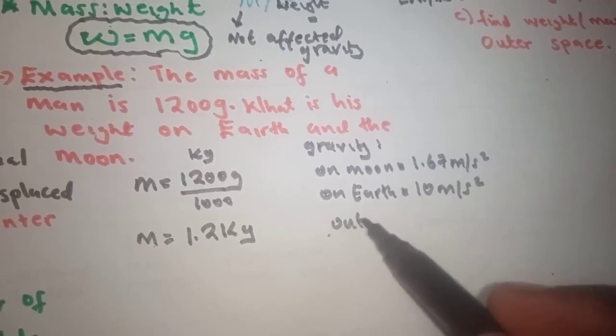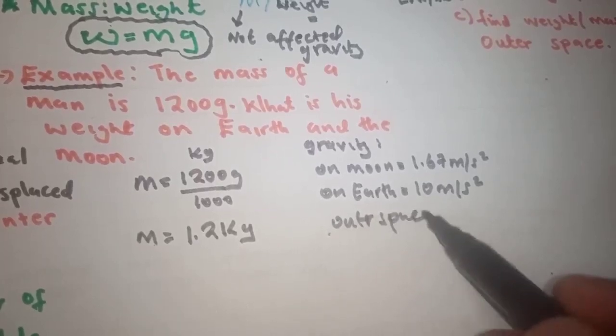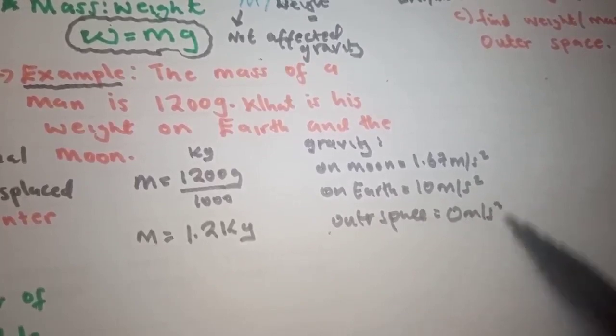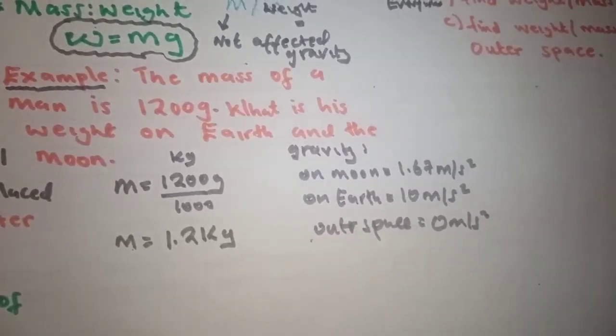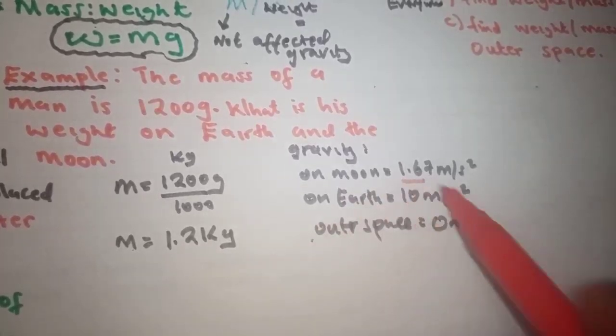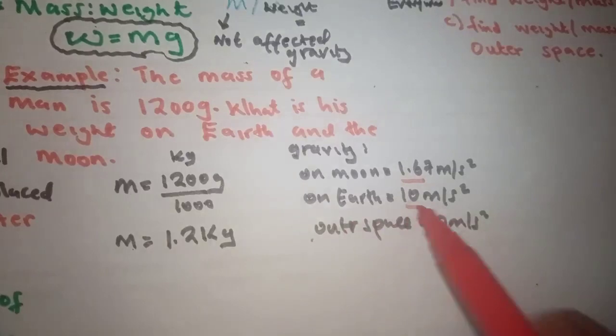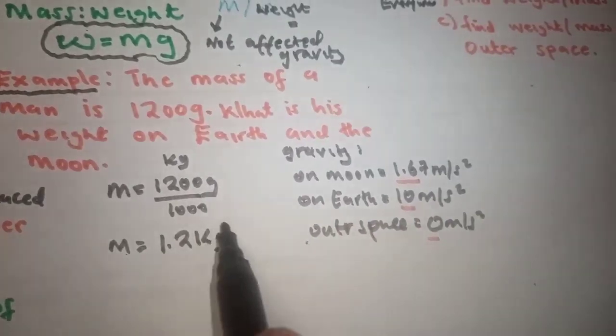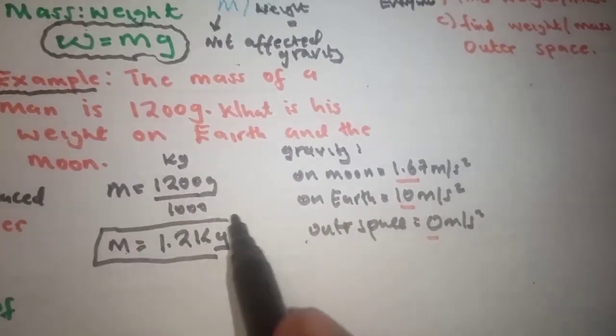In outer space, the gravity is simply 0 meters per second squared. These are known values; you just need to memorize them. We've been given a mass of 1.2 kg.